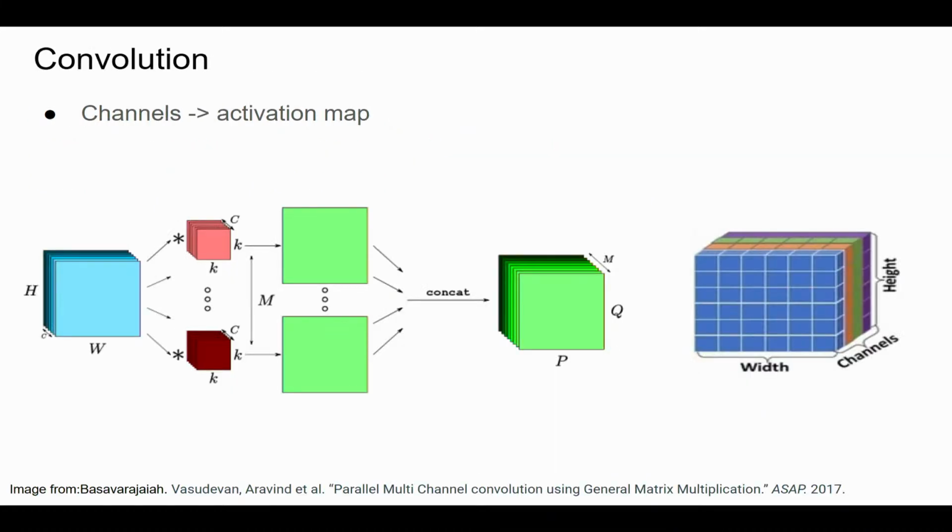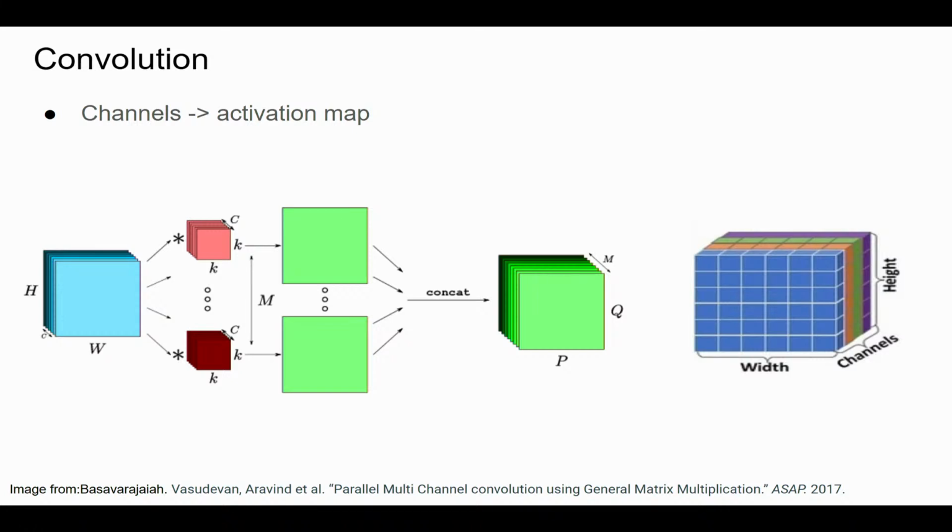So, 2D convolution. Who hasn't seen convolution before, just to be sure? Everyone has? Fine, no problem. Just to recap, in images we have two-dimensional convolutions. The input is a three-dimensional tensor: height, width, channels.